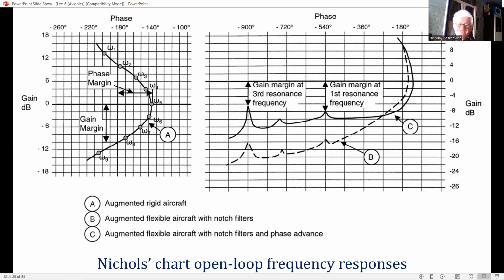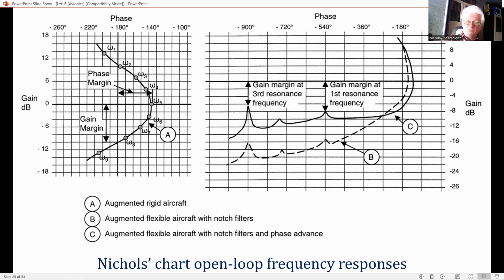The order of the system is greatly increased by the structural resonances and notch filter, so that the phase exceeds multiples of 360 at higher frequency. The phase of an nth order system reaches n times 90 degrees. Modern fly-by-wire agile fighters can have up to 80th order longitudinal control loop when all factors are taken into account.